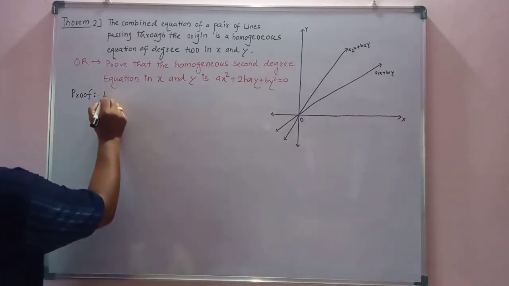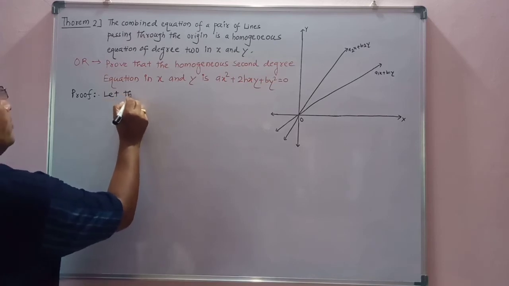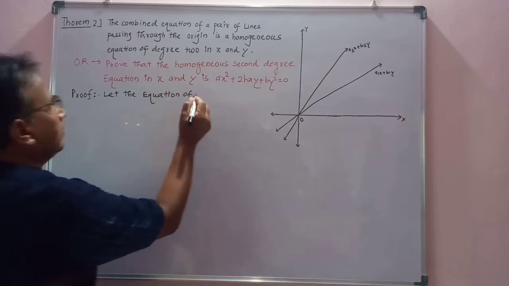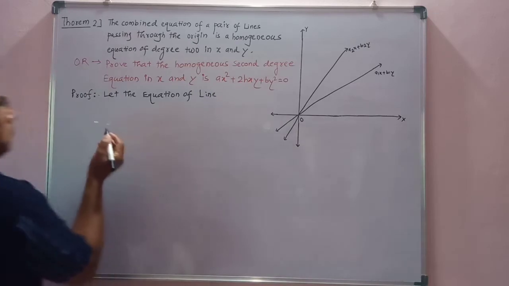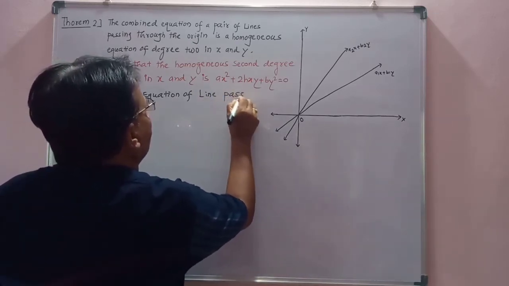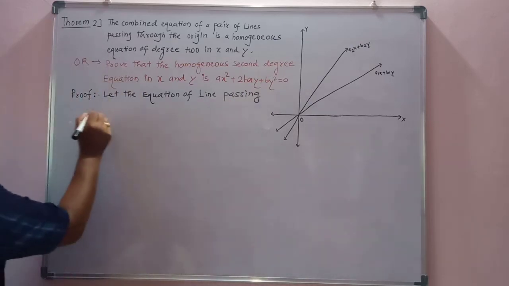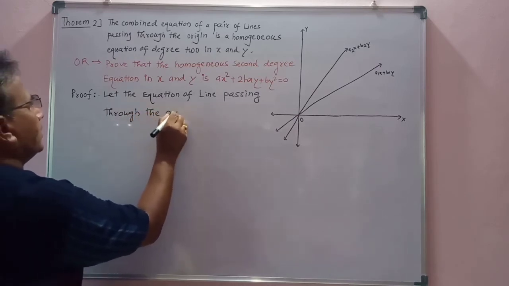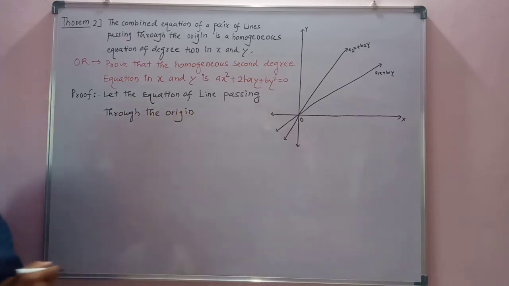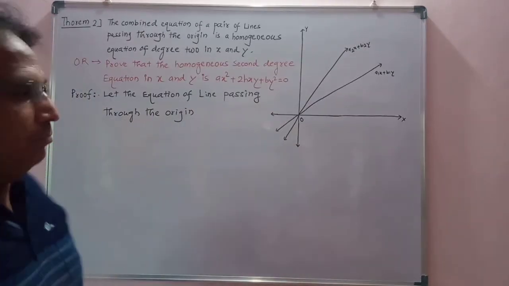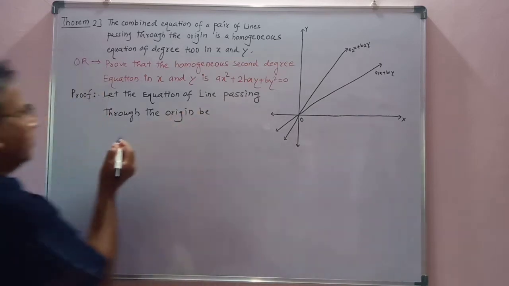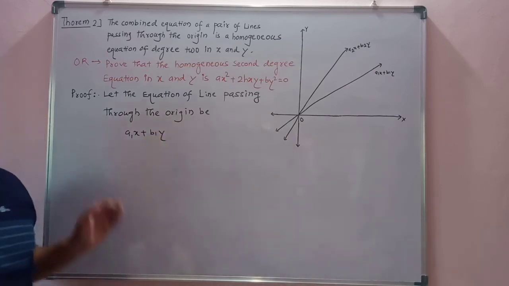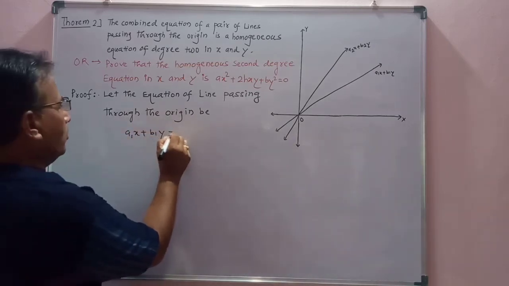Proof is, let the equation of line first be a1x plus b1y equal to 0.